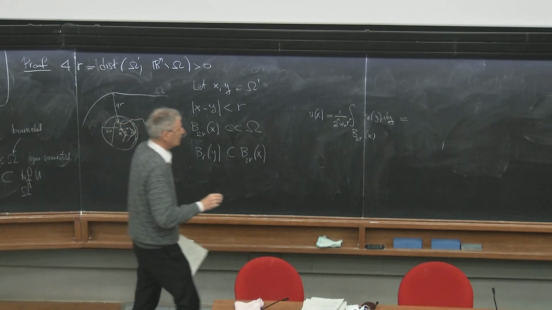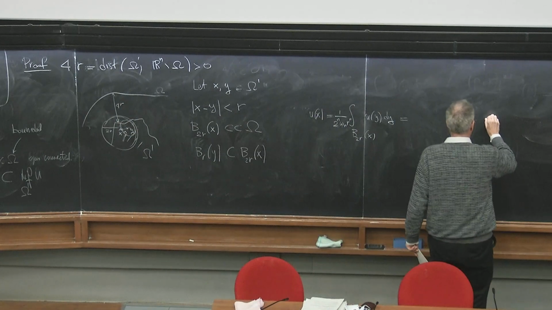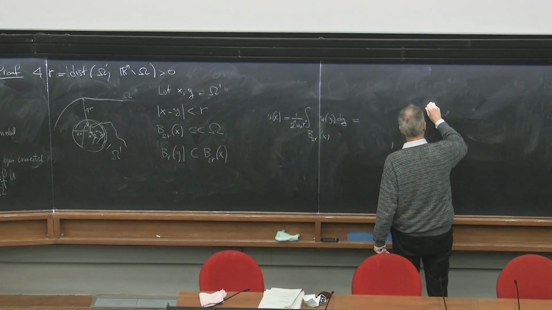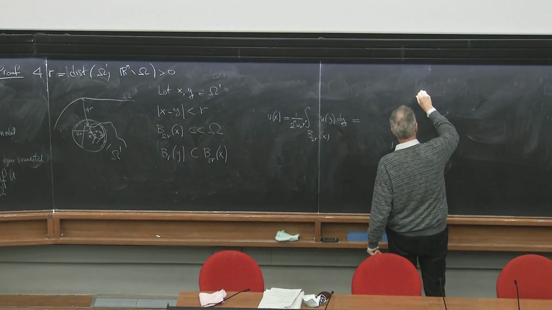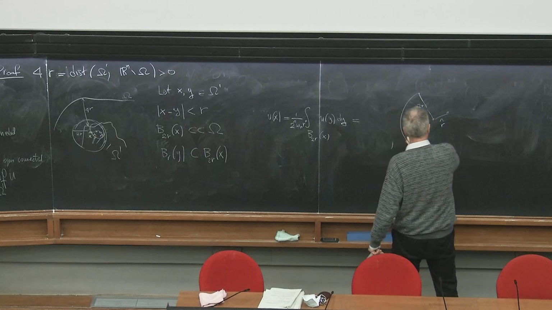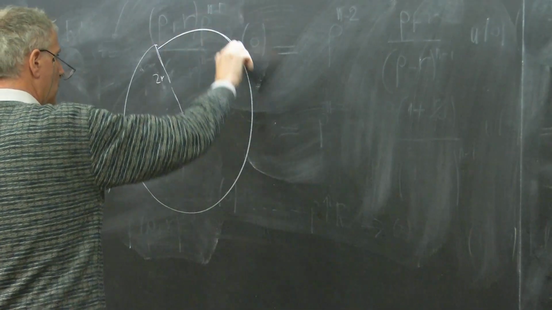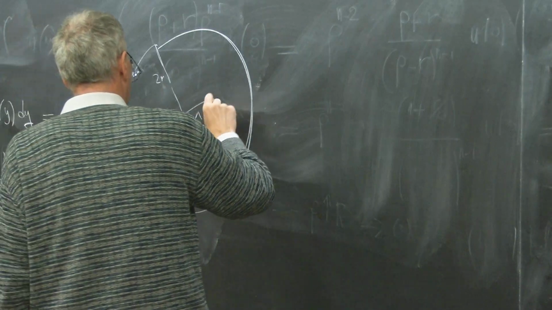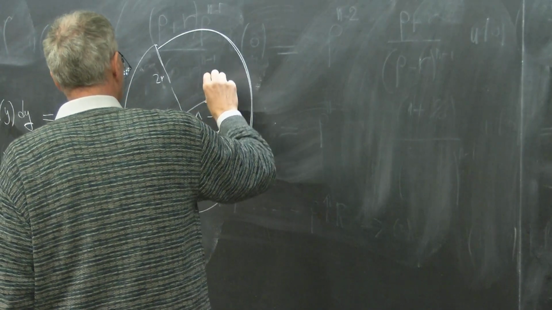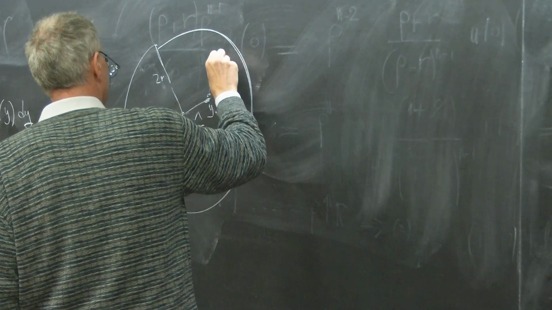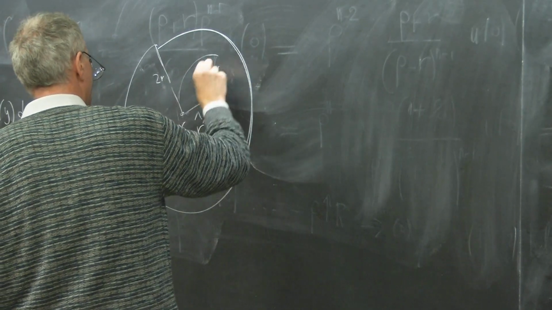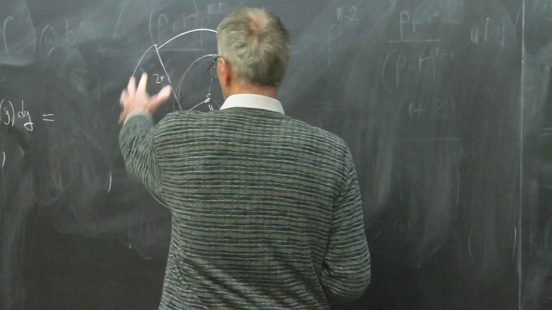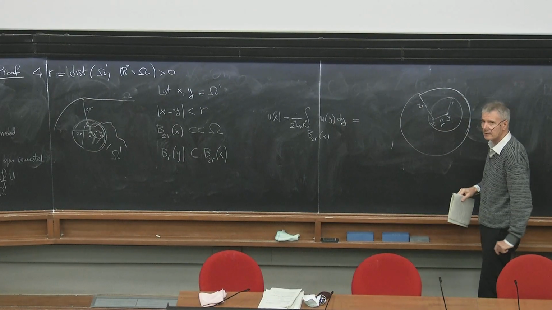Yes, Professor, it's clear. Maybe I should write. So this distance is less than r. Then I take a ball of radius 2r. Then I have a point here. Then I take a ball centered at y of radius r again. What I'm saying is that this second ball is always contained in the ball of radius 2r.